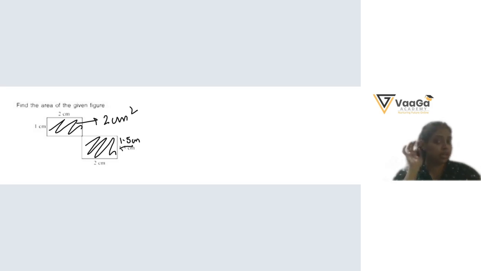Use pen and paper if you are making mistakes. 3 square centimeters. Perfect. So, what will be the area of the total figure? 5 square centimeters.